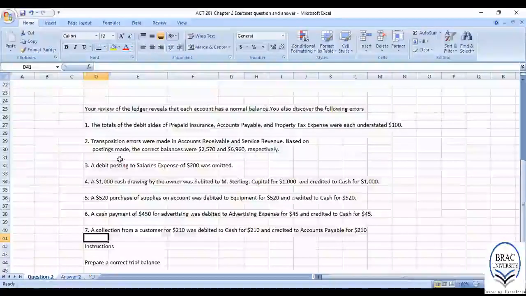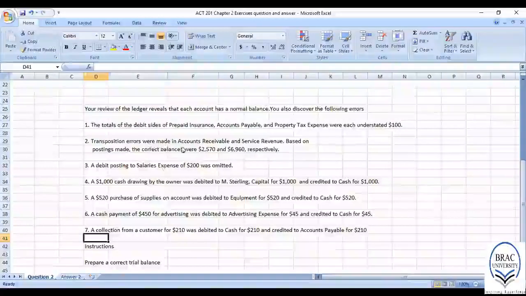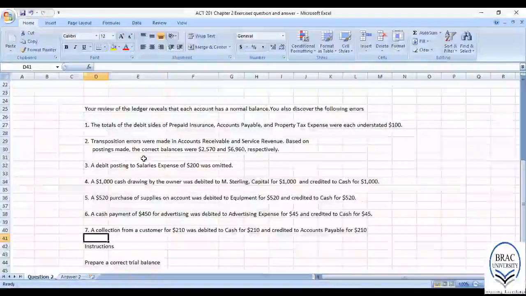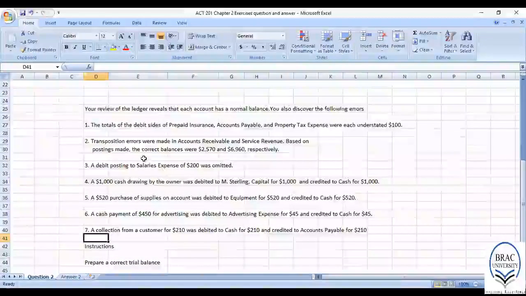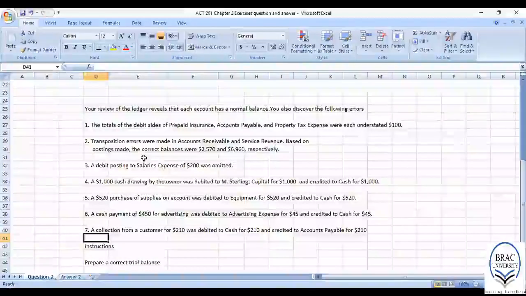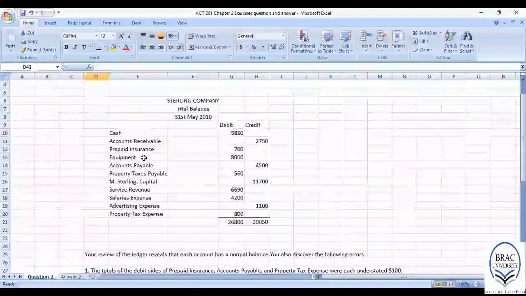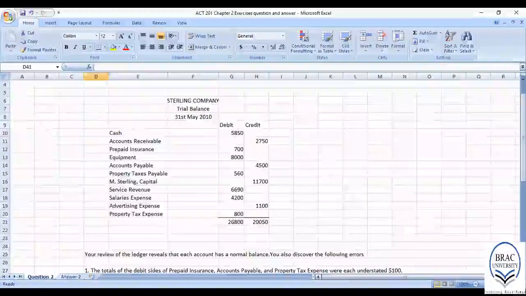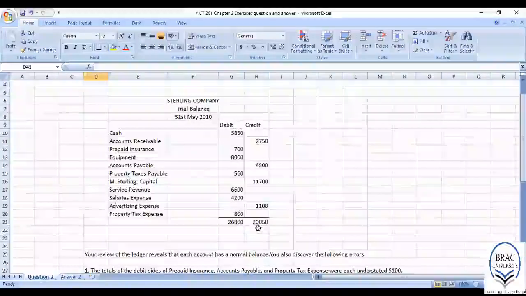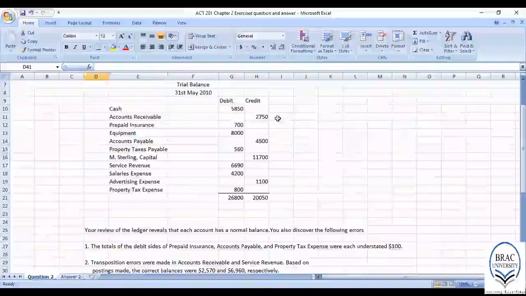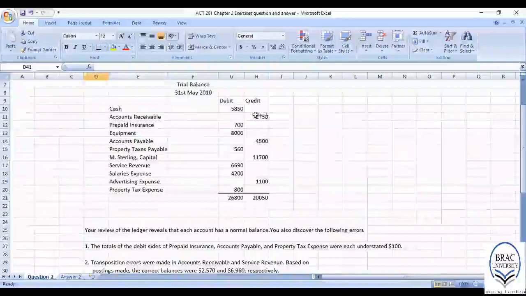Now the next error says transposition errors were made in accounts receivable and service revenue. Based on postings made, the correct balances were 2,570 and 6,960 respectively. So if we go up, the transposition error means the accounts receivable has a $2,750 credit balance over here.